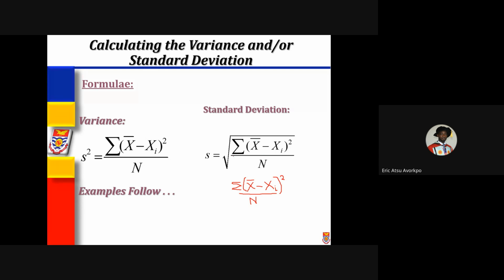But this whole thing here, raised to the power 1 divided by 2, is the same way of writing the standard deviation.